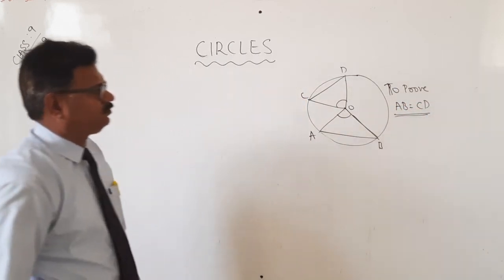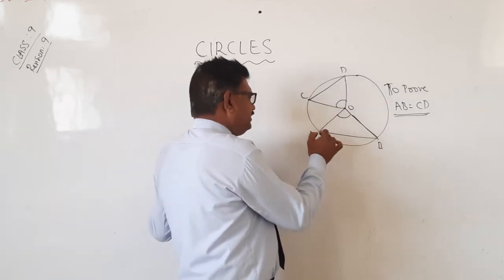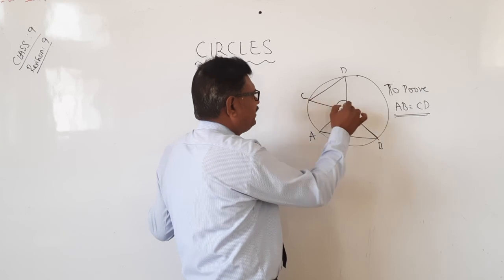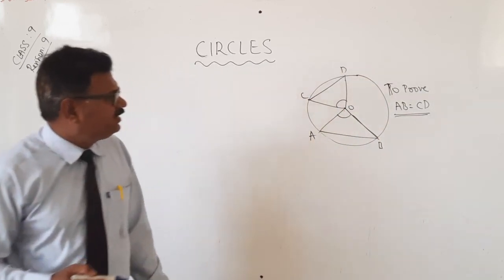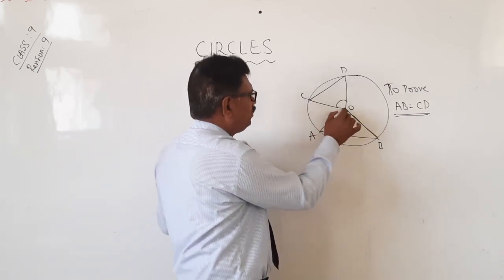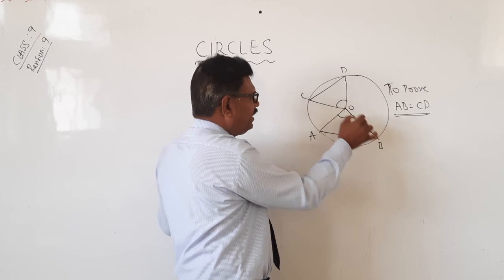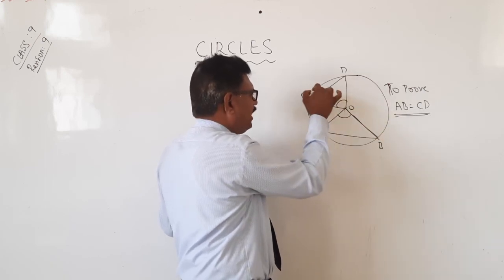So very simple actually. Consider triangle AOB and triangle COD. In these, OA equals OC, OB equals OD, and angle AOB equals angle COD.